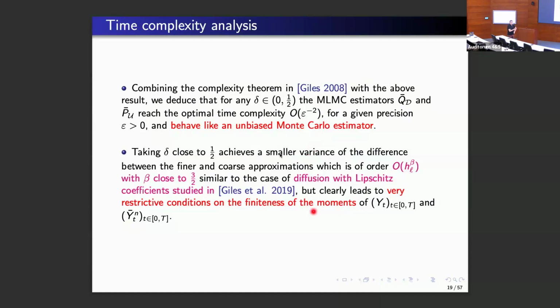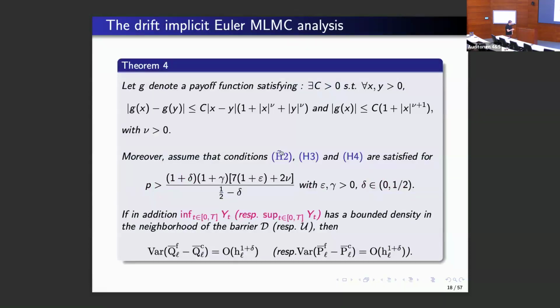It's like you have an unbiased Monte Carlo, because you can forget about your approximation scheme. And this is wonderful.